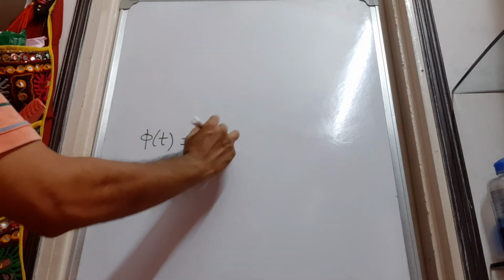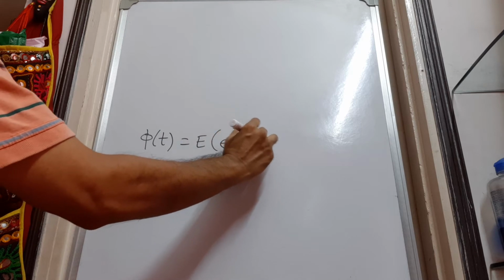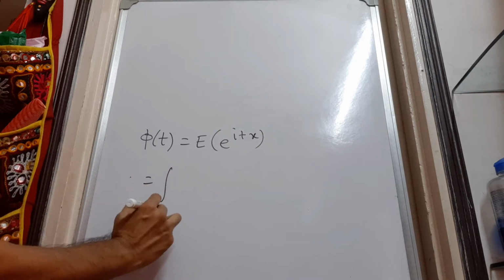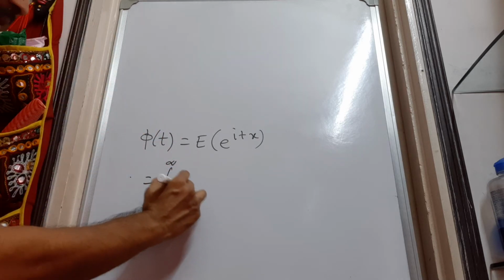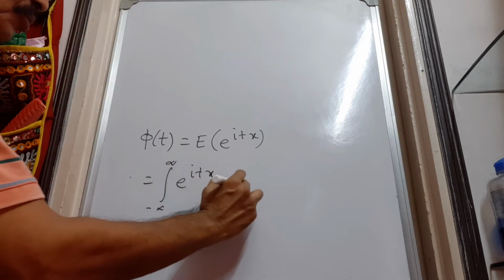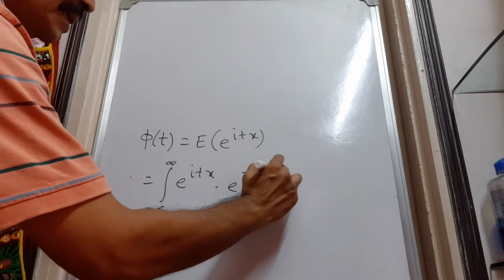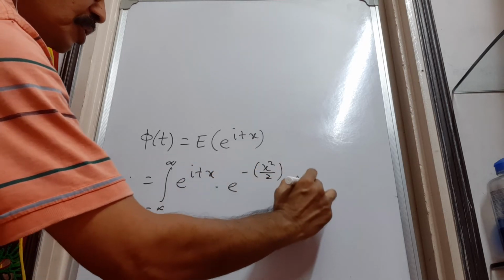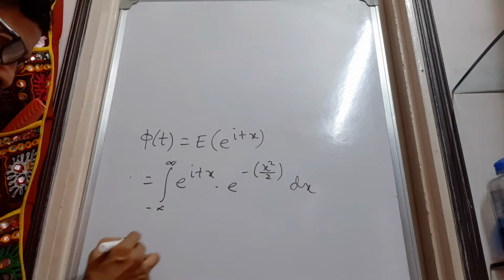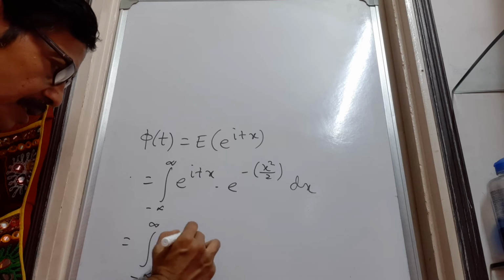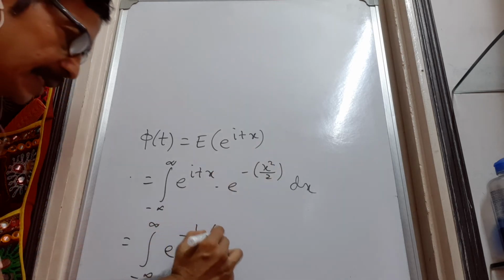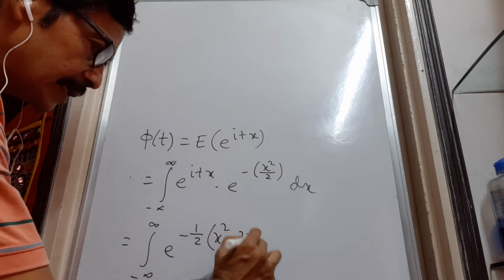The characteristic function phi t is defined as the expectation of e to the power i t x, and this can be evaluated like this: e to the power i t x into e to the power minus x square by 2 dx, and this can be evaluated if we write this as this.